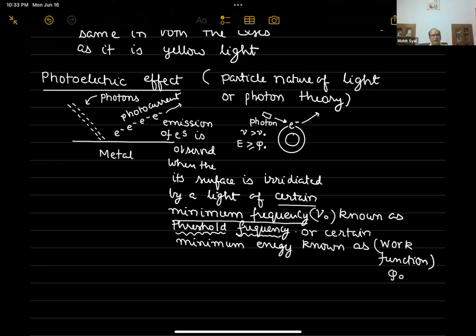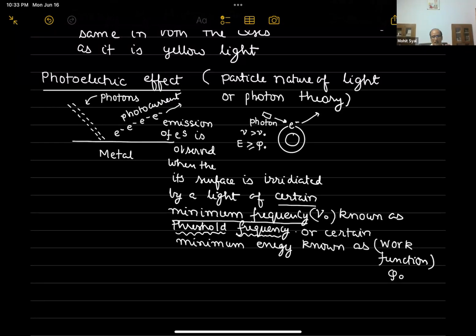Suppose you imagine light to be of wave nature, so the wave is continuously coming. Then you can imagine that if I keep on putting light of lower energy, because the wave is continuous, at some point the energy will accumulate and will remove the electron. But that doesn't happen.